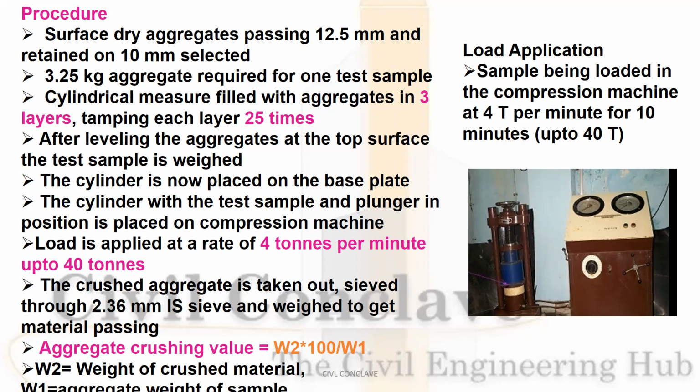The crushed aggregate is then taken out, sieved through the 2.36 mm sieve and weighed. Aggregate crushing value = W2 × 100 / W1, where W2 is the weight of the crushed material and W1 is the weight of the aggregate sample.